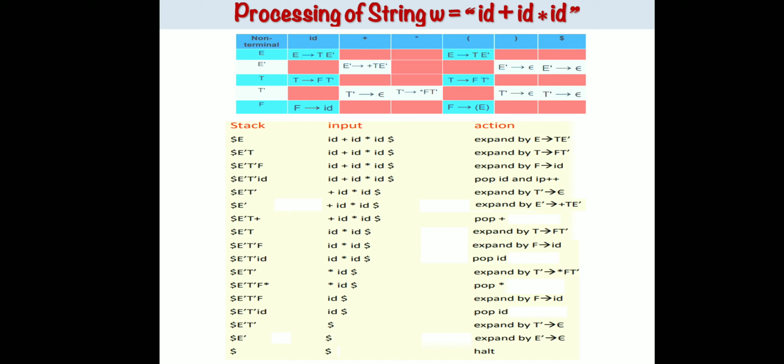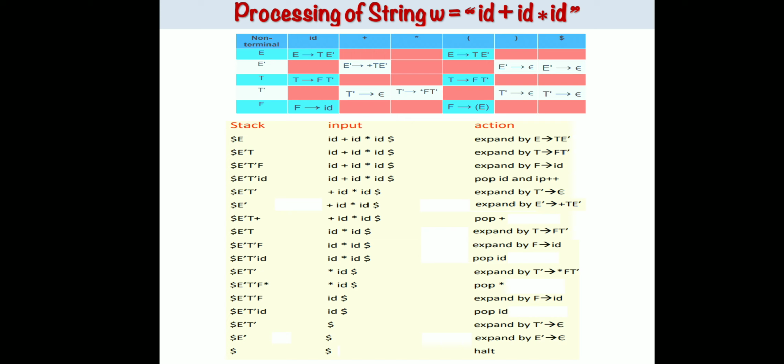Then T dash is expanded by T dash arrow null, because from T dash I will never get the symbol plus. So if null enters, then in place of T dash null will enter, so E dash is left.